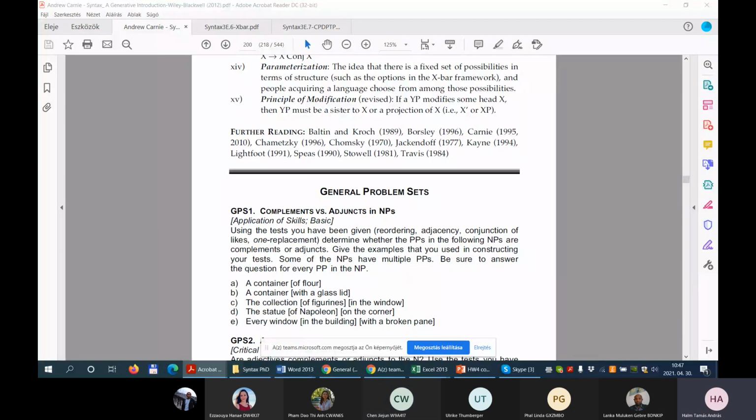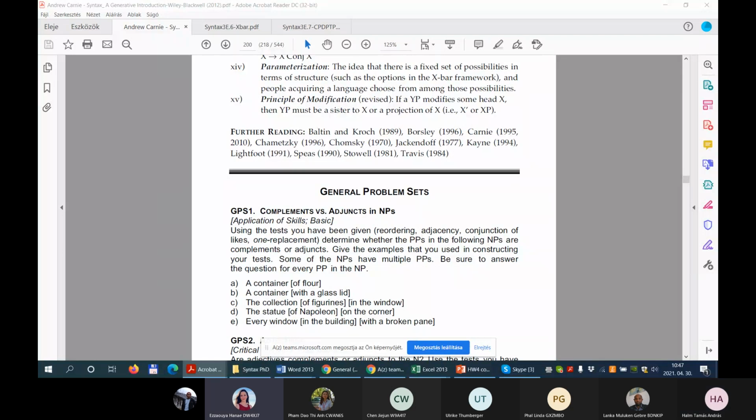Okay. What else can we do to show that these are adjuncts, both of them? Hannah? Yes, I just have something to add. I think that if each time we try to replace the adjunct with the preposition of, we would still have this confusion. We can do the same with, for example, the collection of the window.